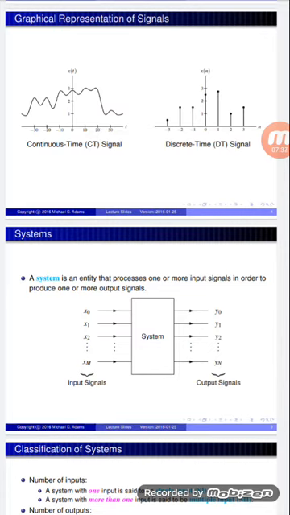In the first diagram is the continuous time signal, and the second one is discrete time. What is discrete? Discrete means a continuous time signal is split, divided or separated into equal intervals. The main function of a discrete time signal is to split the continuous time signal into equal intervals.